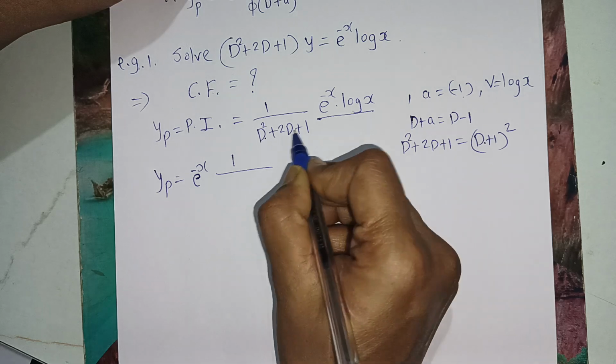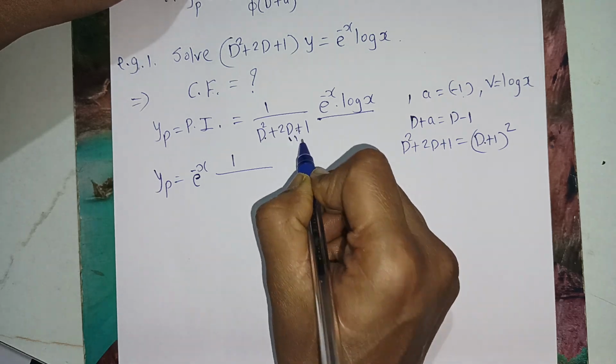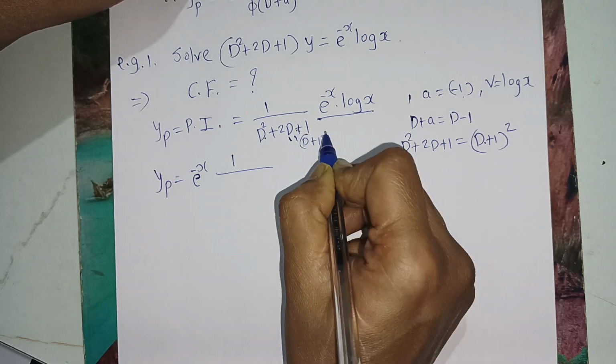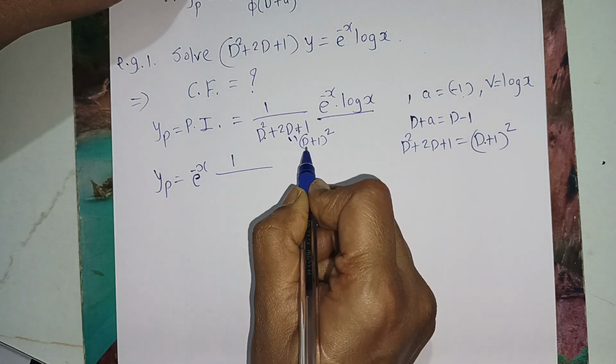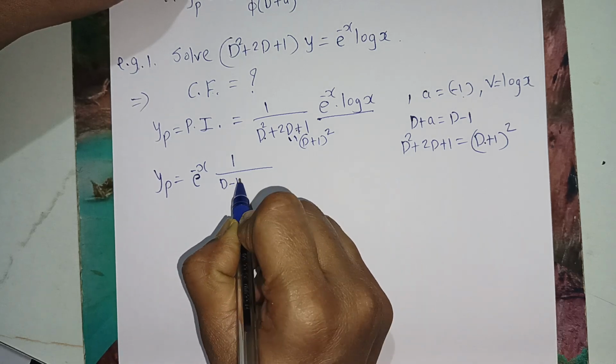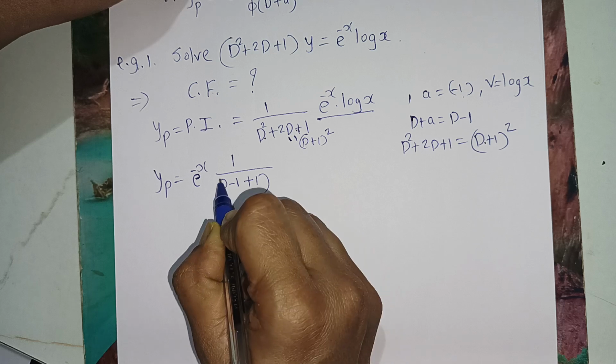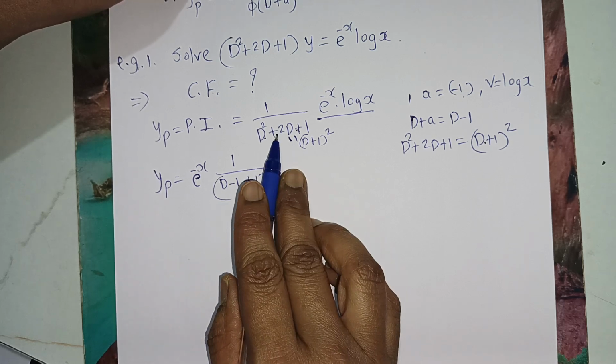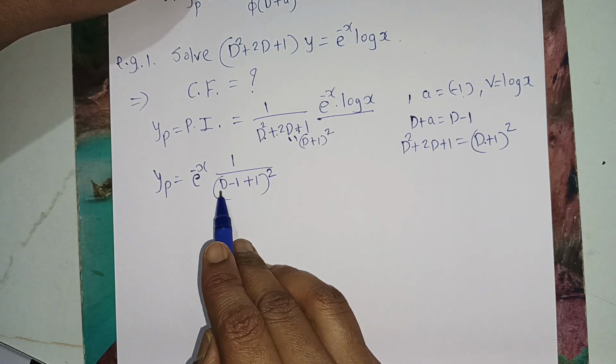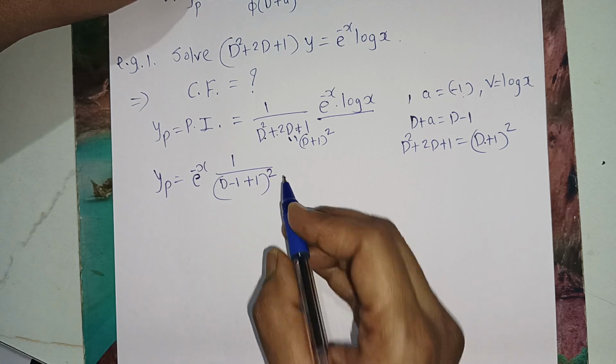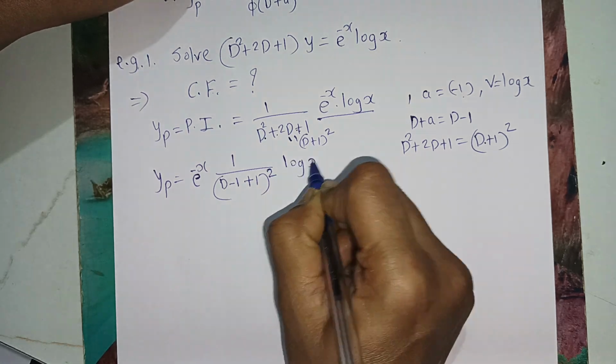So rewrite D square plus 2D plus 1 as D plus 1 bracket square and replace D by D minus 1. Your auxiliary polynomial will now be D minus 1 plus 1 bracket square operating on log x.